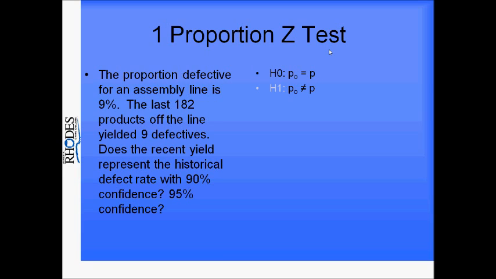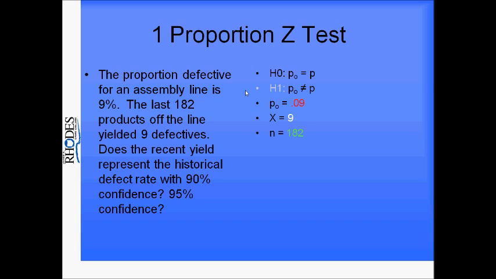Okay, so you have to put in a historical P of 0.09. The X value is 9, that's the number of defectives here. And then 182 was the last sample size of products.